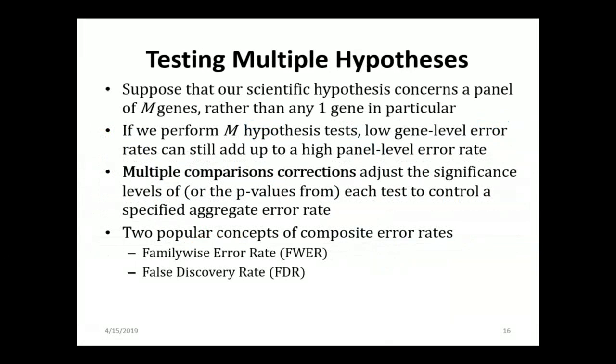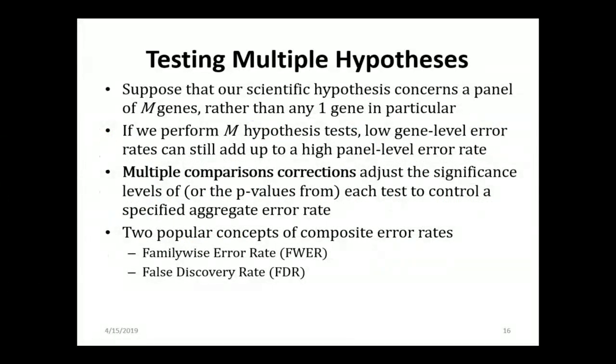So let's talk now about testing multiple hypotheses, and this is, I think, one major source of concern when it comes to lack of reproducibility, and the p-hacking example was a clear case of this. In our original example, we were just testing whether one gene might be differentially expressed between cancer and control patients, but suppose that instead of one, we have n genes, and n could be some really large number, like 10,000 or 100,000.